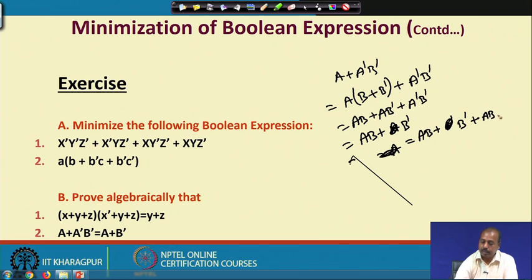So, a b plus a b bar, so a b plus a b, like that, and then you can do some simplifications to come to this form, or you can take a truth table and then show that this a plus a bar b bar is equal to a plus b bar.